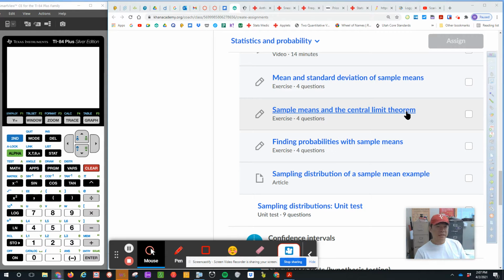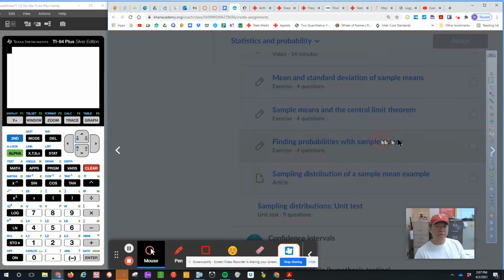So have as big a sample size as possible when you're dealing with means, and the central limit theorem will apply, and therefore the sampling distribution of the sample mean will be approximately normal. So let's go to finding probabilities with the sample mean.